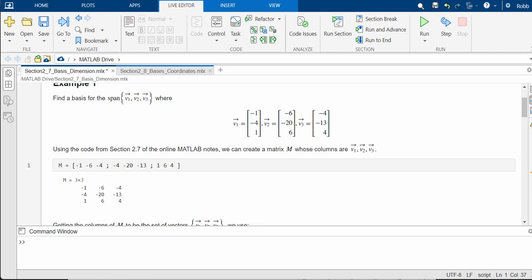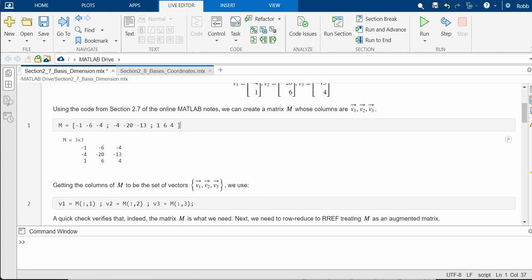Okay, and what do we do? Well, oh, and by the way, this is just for later. Let me explain. The vector V1 is the first column of M. So remember, this notation is row, comma, column.